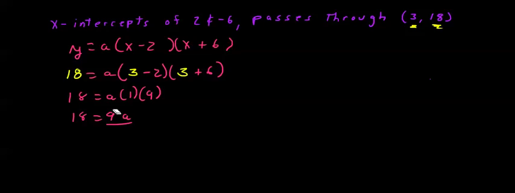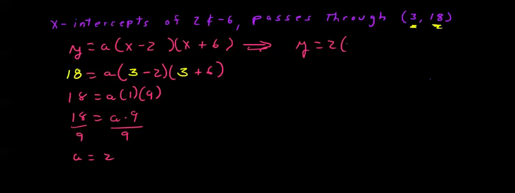I guess to be consistent, I'll write it the other way. A times 9, divide by 9, a is equal to 2. So using this equation, I have y equals 2 times x minus 2, x plus 6. And we're almost done.